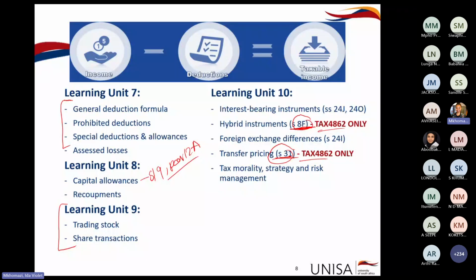And I think there's also one section that we took out. Yes, section 24O. So section 24O is another section that we excluded from the syllabus for text 4861. So please be on the lookout on that table of reference so that you don't end up studying sections that are not part of your syllabus. So this is for text 4861 only.